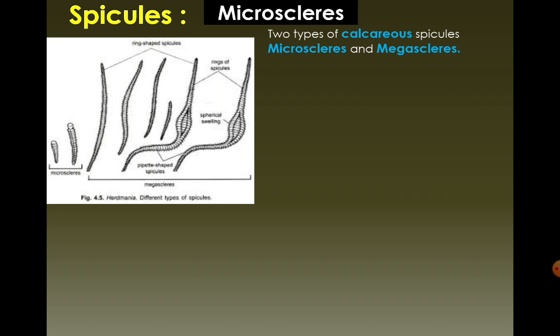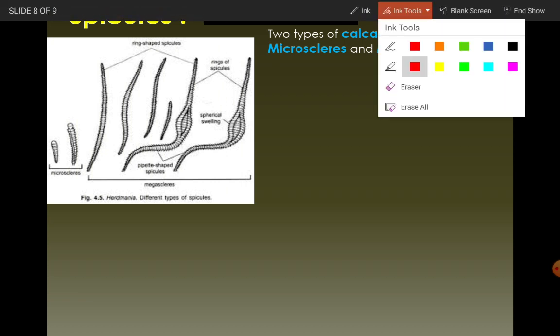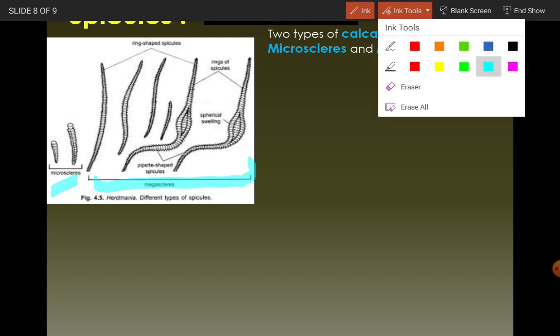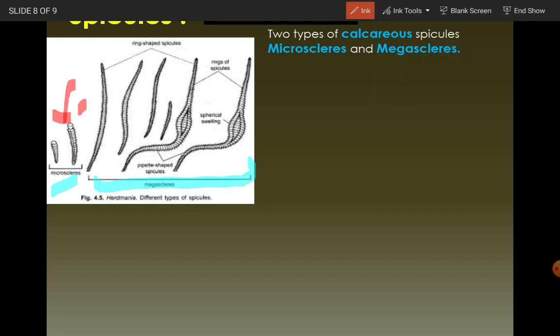Now this picture gives you an idea of how these microscleres and megascleres are present. Just observe these microscleres. Observe, these are microscleres, and from here to here they are megascleres. In these structures also look for the head region, which is terminal knob like, and the tapering end. In megascleres you can find 2 varieties.